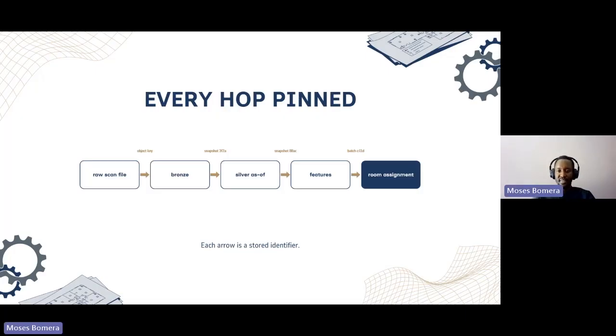This is the same thing as what I just explained. Let's think of room assignment as a prediction. You can walk it back through the system to the raw scan file that introduced some data point that led you to determine that assignment.